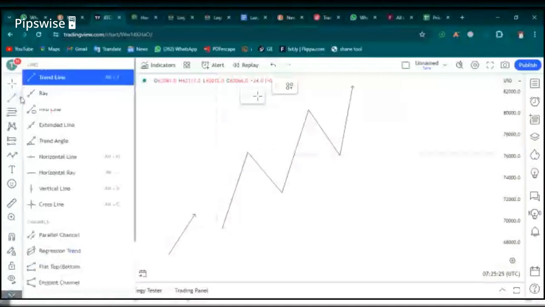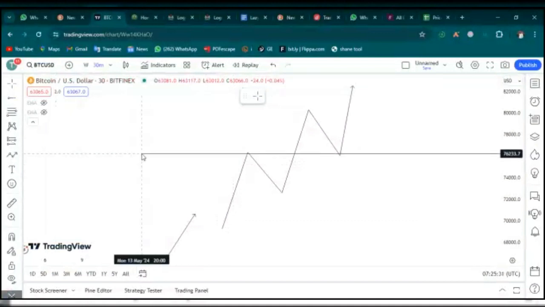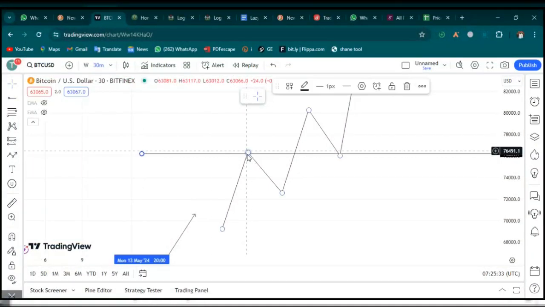Let me give you just the horizontal one. You have your support, or you can call it resistance, but because it's standing as a resistance right now and it's standing as a support, then you see support has become resistance has become support. If you get what I'm saying.